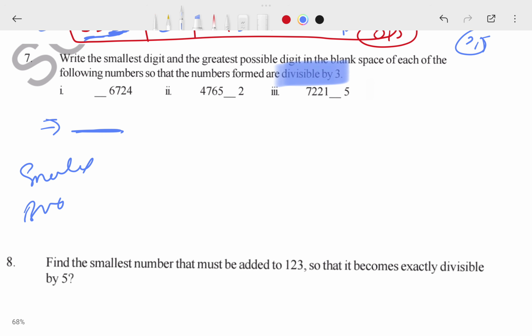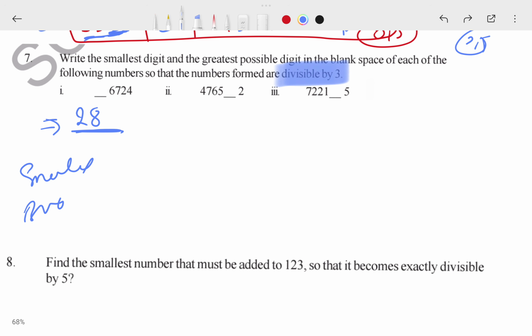Okay? So what is the smallest number we can write? Let's think. If I write 2 and 8, you can write other digits also, like you can write 0 also, but 9 you cannot write.